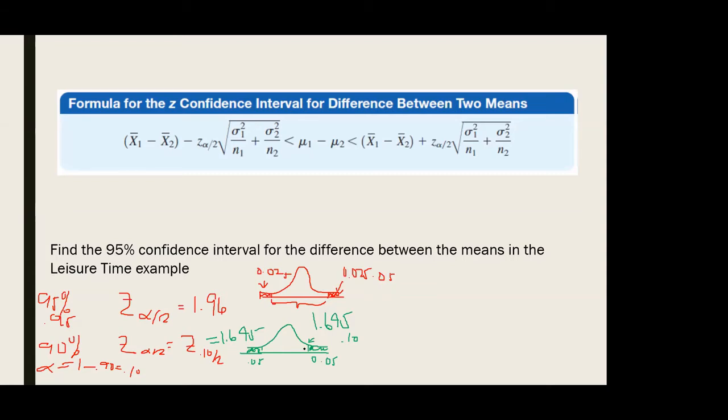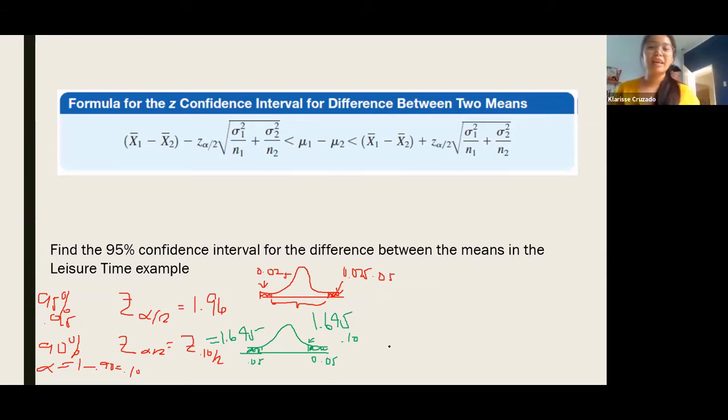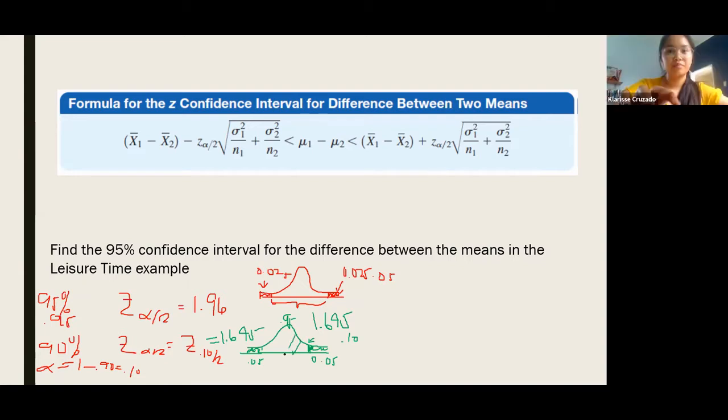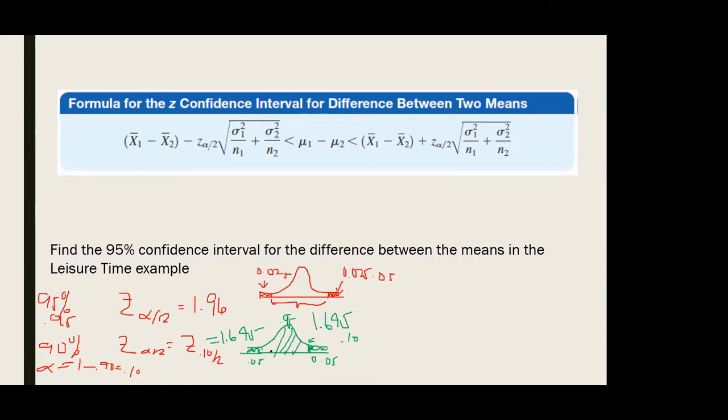So you just look it up in the table. You just need to find the value such that the area to the left, because the table is the area to the left, is 0.95, correct? So if this is 0.95, then the area here must be 0.025. And that is the value. Correct, that's right.